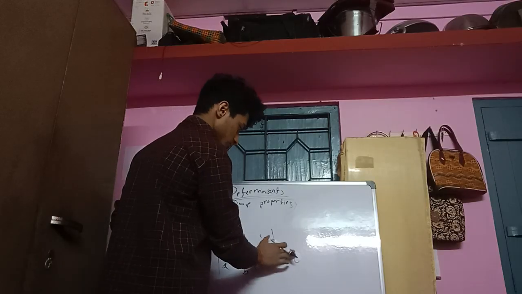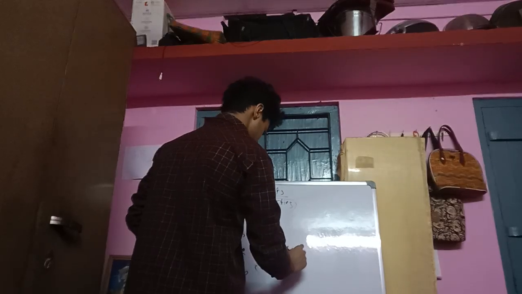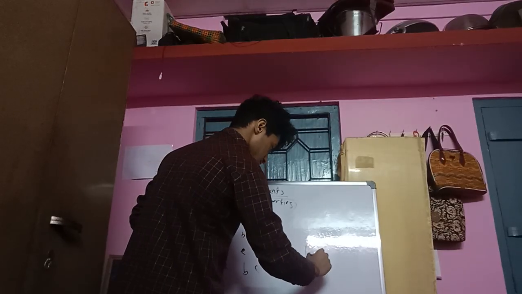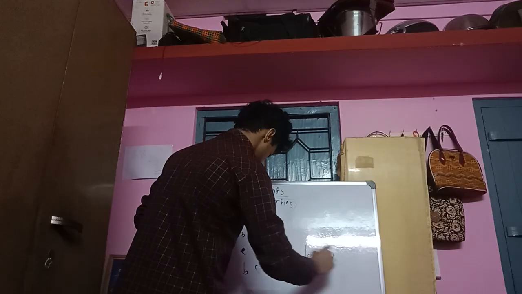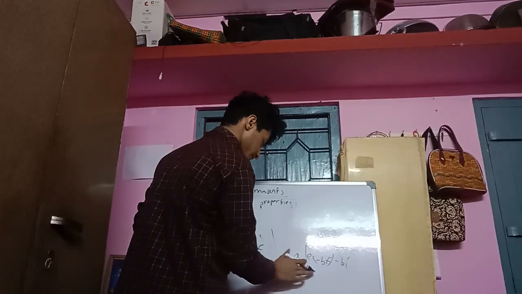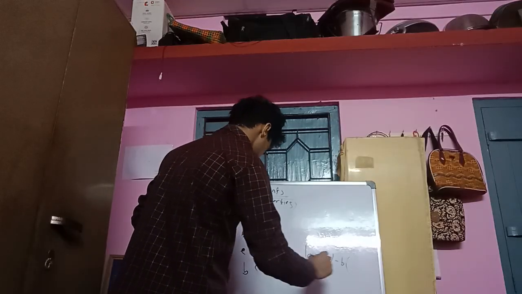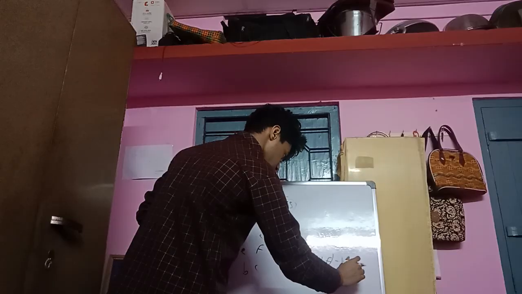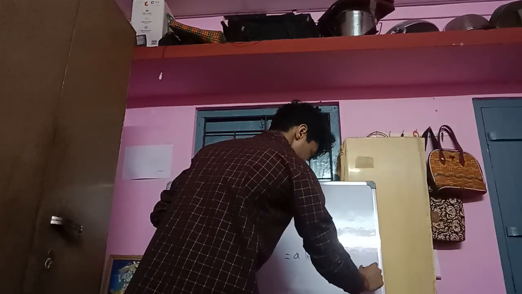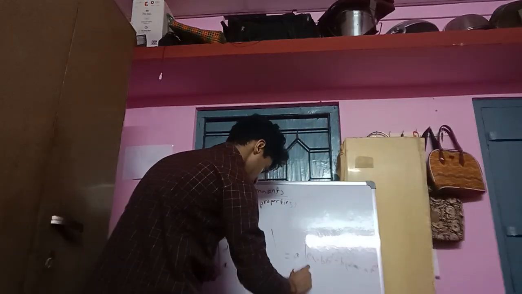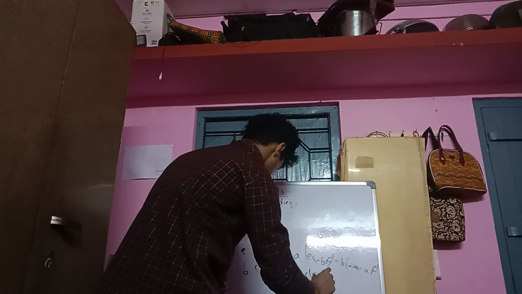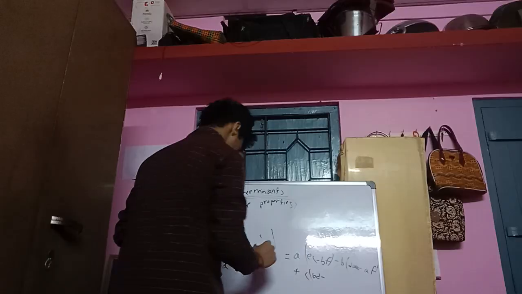Let me actually help you do it. A times (EC minus FB), minus B times (DC minus AF), plus C times (BD minus AE).